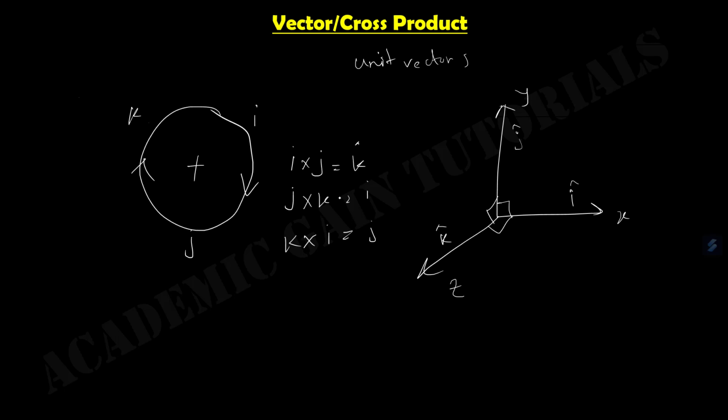j vector. But if we rotate this anti-clockwise, then we will get the negative sign.